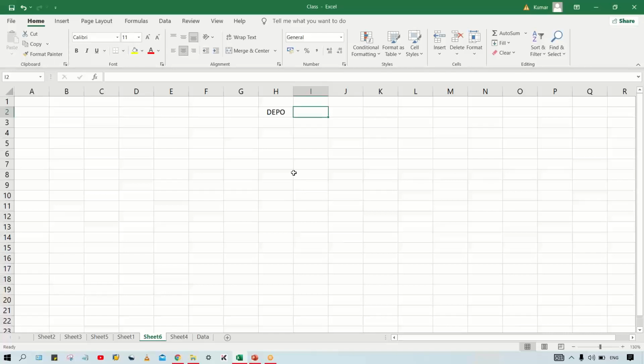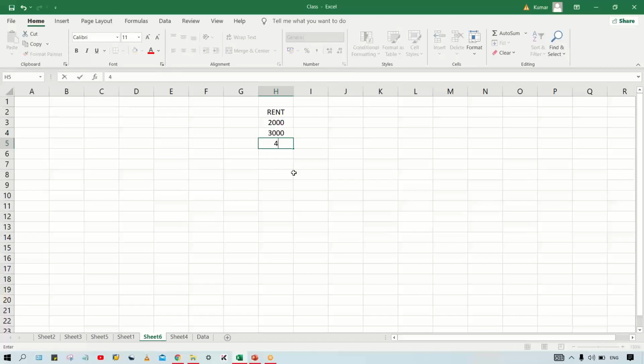So every month, guys, a rent-related invoice is going to be posted. Say, for example, this much rent will not be there, guys, but I'm just putting in an example.